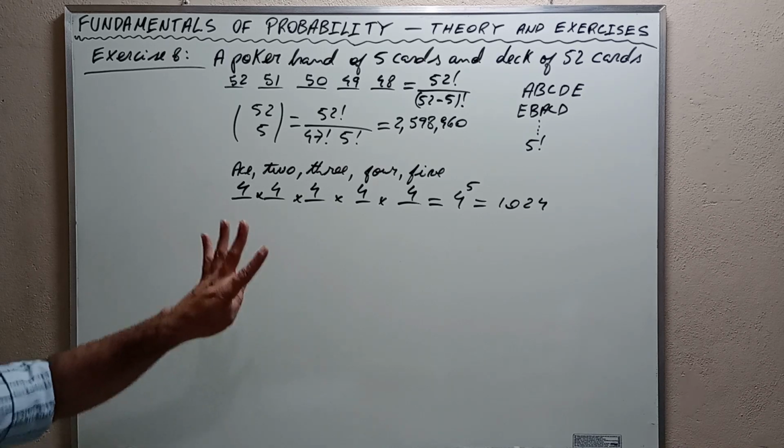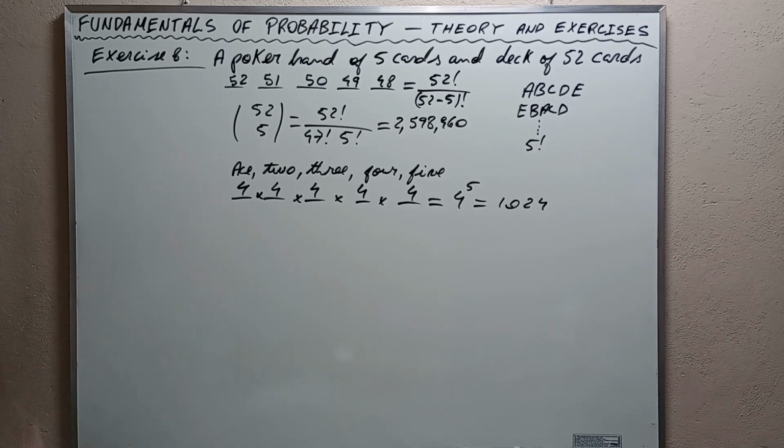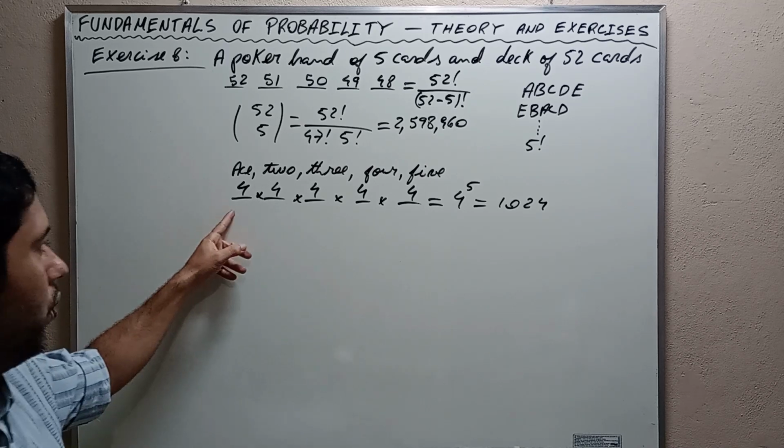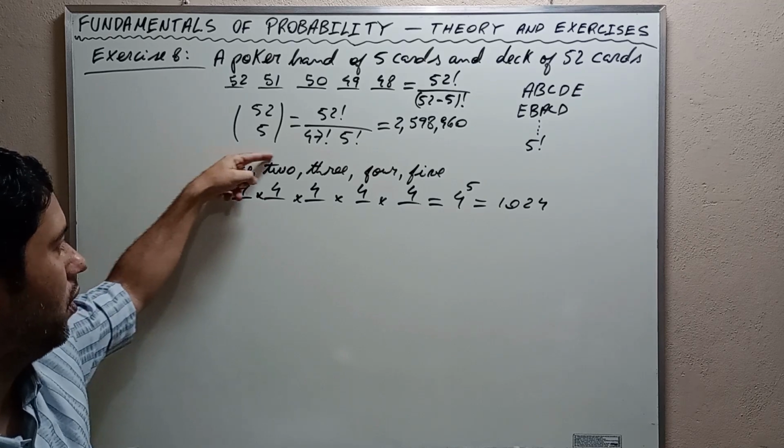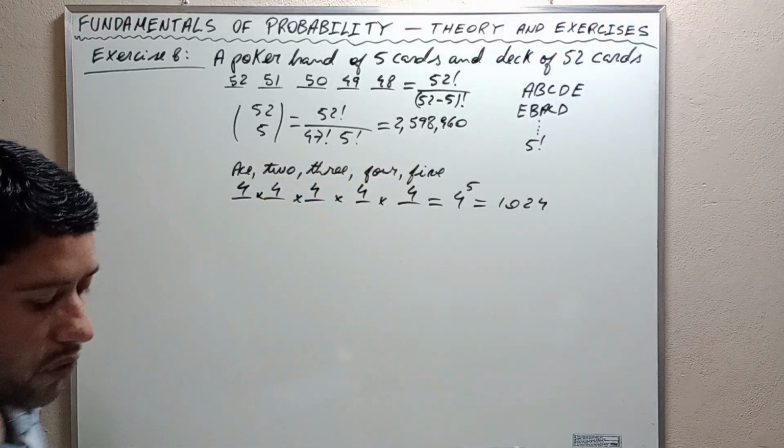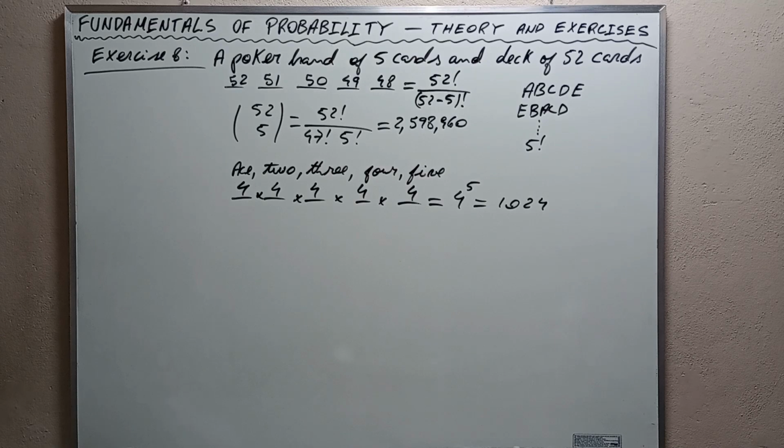Then we have four different straight flushes when we have these rising, consecutive values, but when they are of the same suit, we don't have a straight, we have a straight flush, okay.